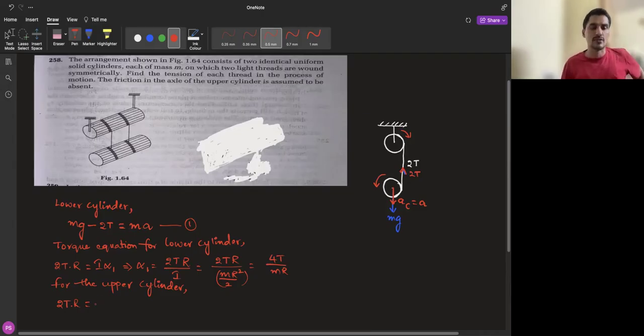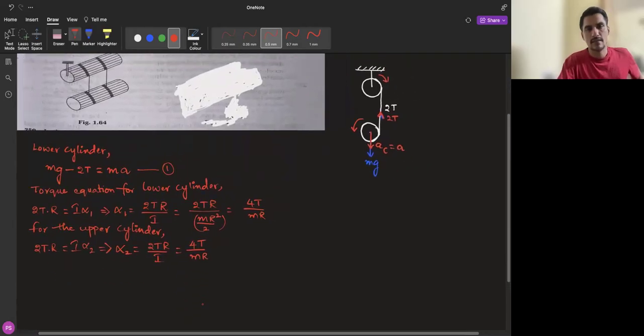So 2T into R is equal to I into alpha 2. Again alpha 2 is 2TR by I. Similarly, this also I get as 4T by MR.